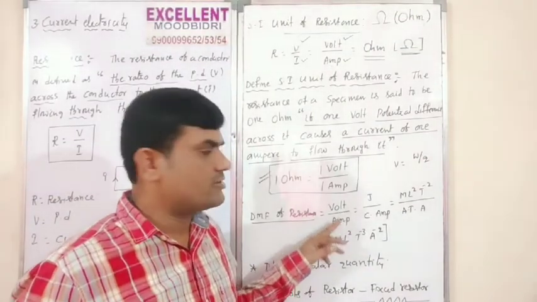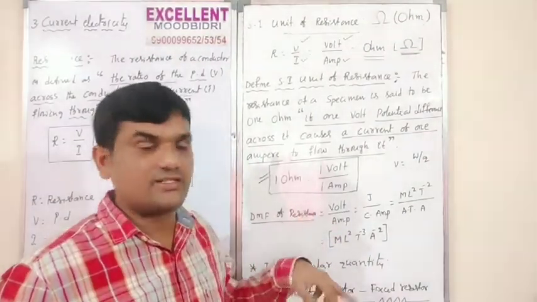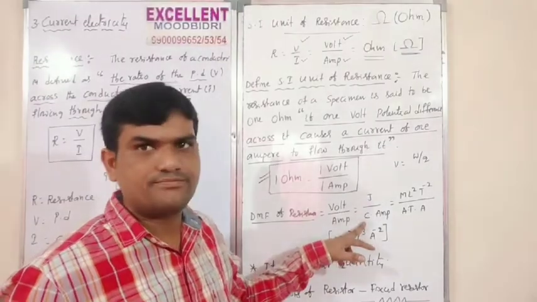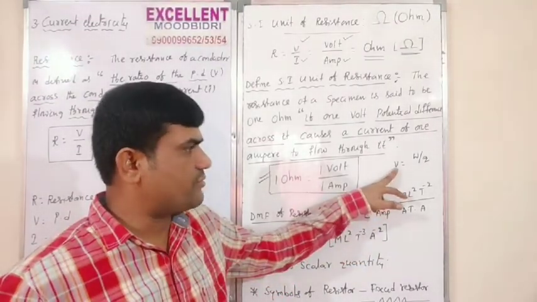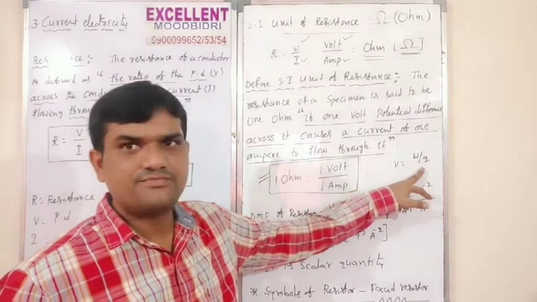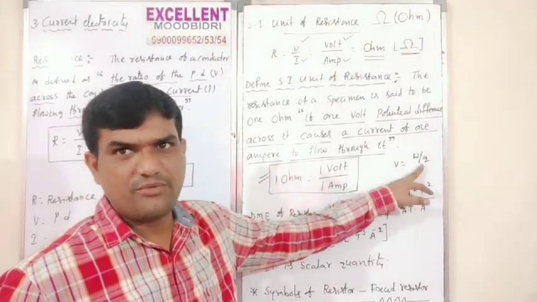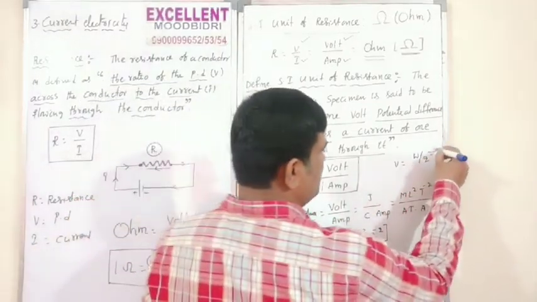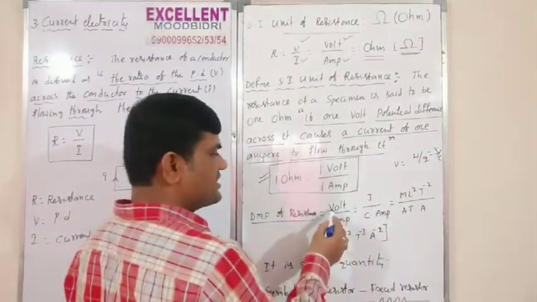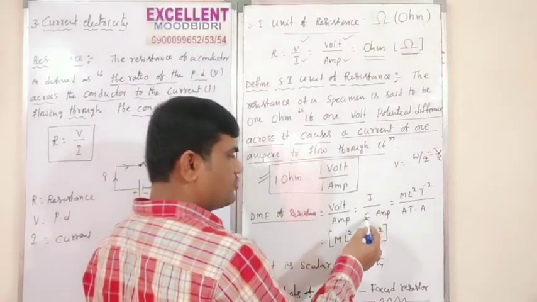Volt per ampere. So volt we can write as joule by coulomb. Why? Because potential is equal to W by Q, where W means work done by charge. So therefore this is joule by coulomb. That is why here instead of volt I have written joule by coulomb.